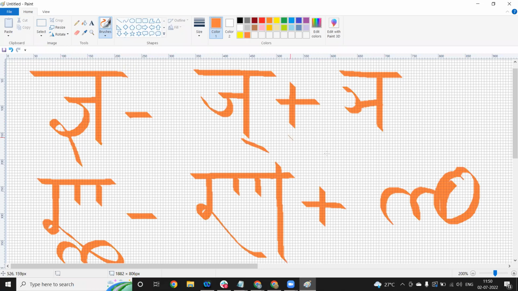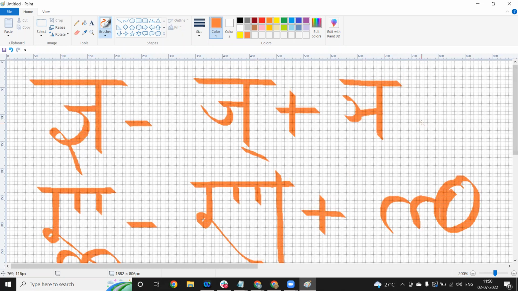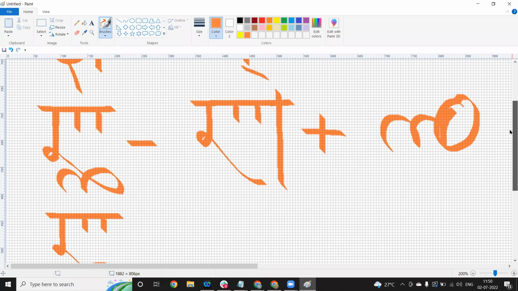Both are considered correct, considering that it's been in usage for a very long time, and most Hindi or Devanagari words are read with gya. So the rest of the conjuncts have the same sandhi vichhed. Only in this case, this is the combination of ja and nya, and not ja and na, what we have in Sharada lipi.